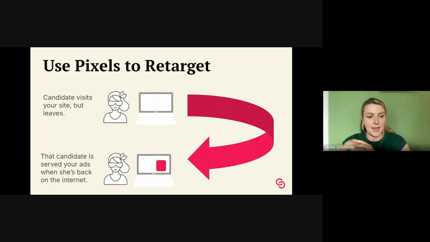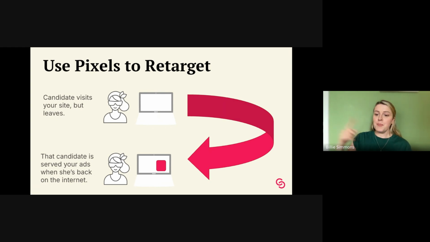There are even some particularly sophisticated systems that can pull in what emails they've seen, where they've been on your website, what social media ads they've engaged with. And it all starts with pixels. So you might have a Meta pixel, but there's also Google Pixel. There's one for basically every ad service that you're using. These are pretty easy to install.